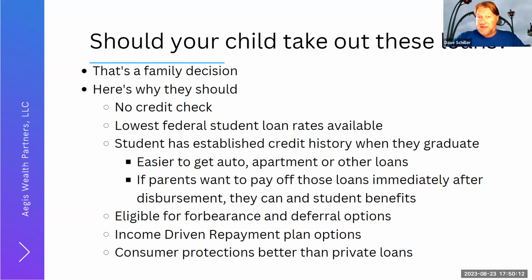Now, here's a little tip for those families that don't want their students to take out the loans, or who have the means to pay those loans off when the students graduate. If they want to pay off the loans immediately after they're disbursed, they can do that, and the student is still going to have that established credit history.